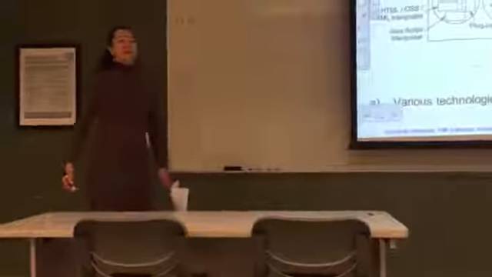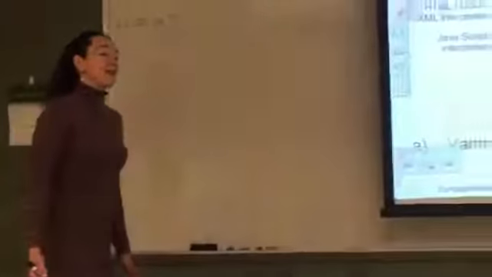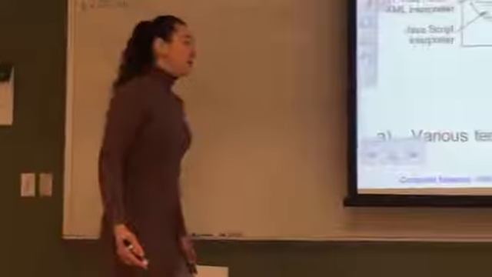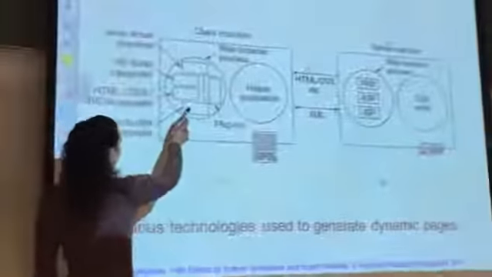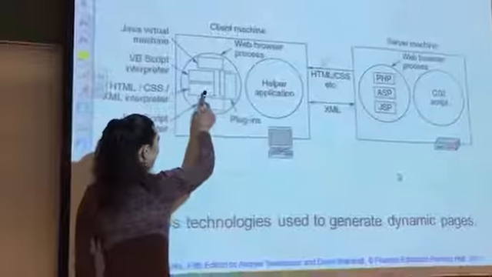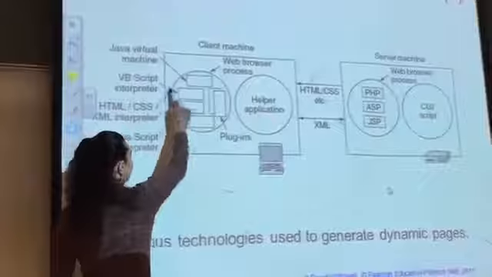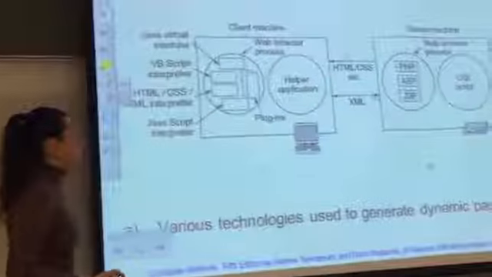If the browser has to do something more complex than that, then it needs help. Either it needs to load some sort of a plugin help application within the browser process that will help it to do whatever it cannot do.